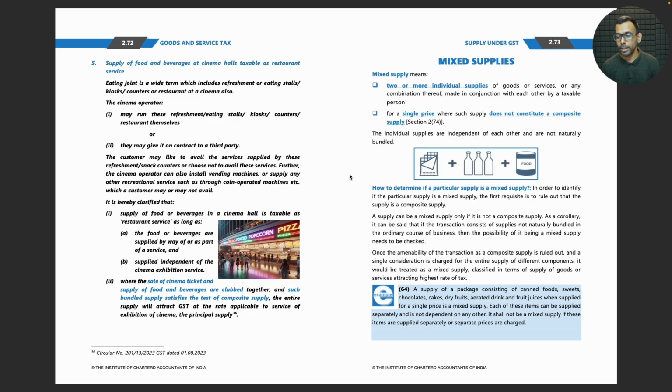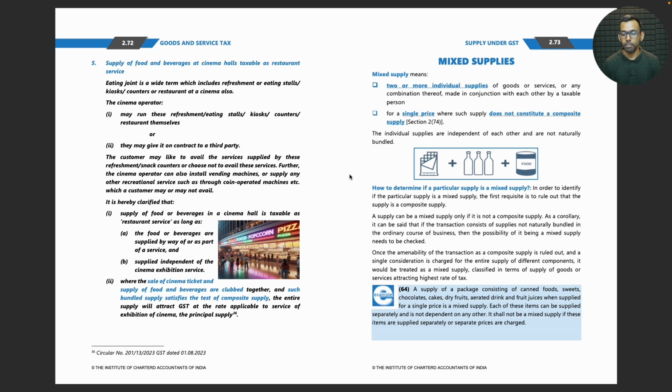Once the amenability of the transaction as a composite supply is ruled out and a single consideration is charged for the entire supply of different components, it would be treated as a mixed supply, classified in terms of supply of goods or supply of services attracting the highest rate of tax.